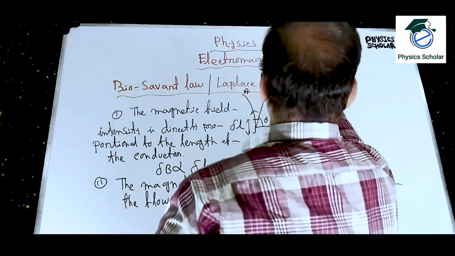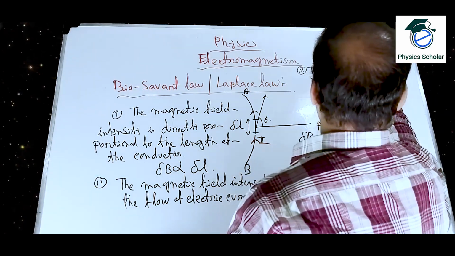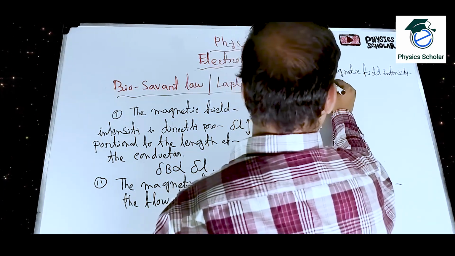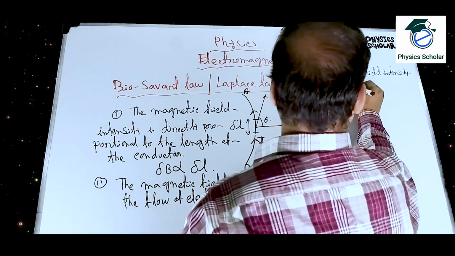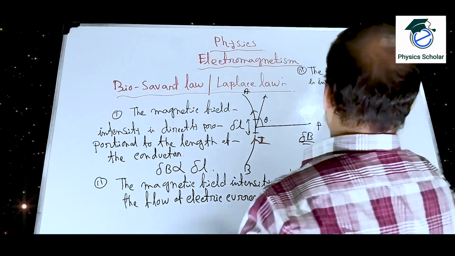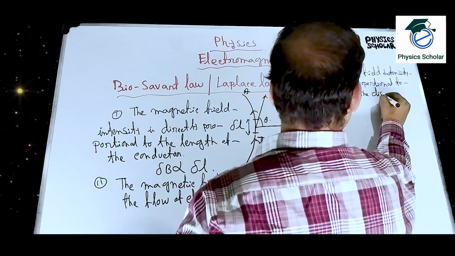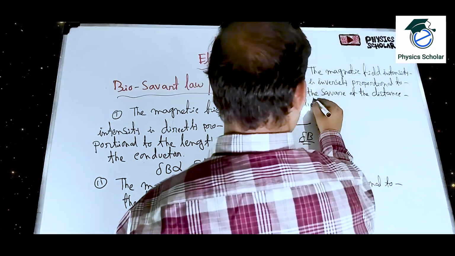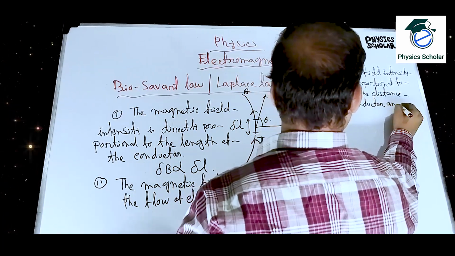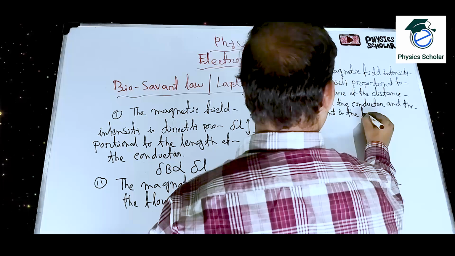Now number 3, the magnetic field intensity is inversely proportional to the square of the distance between the conductor and the point in the field.